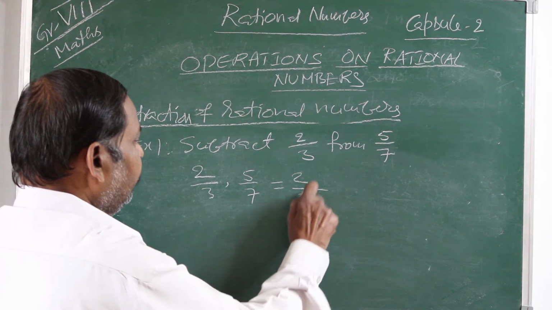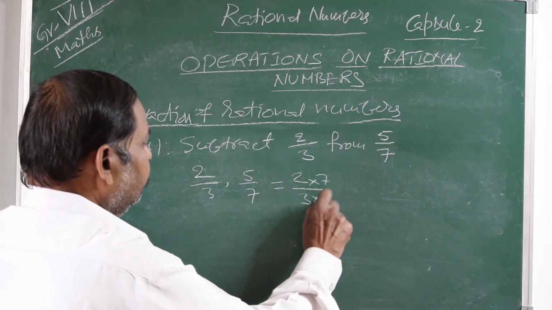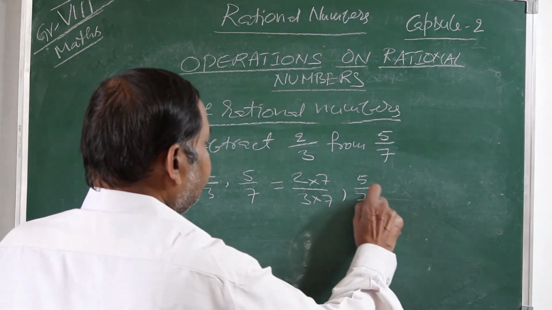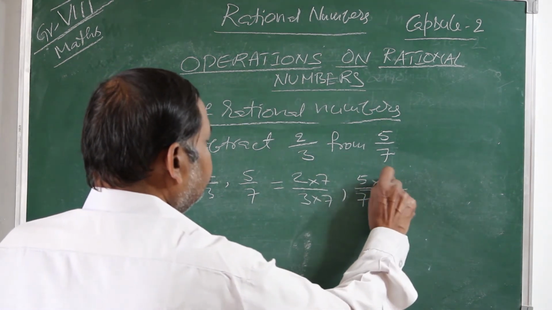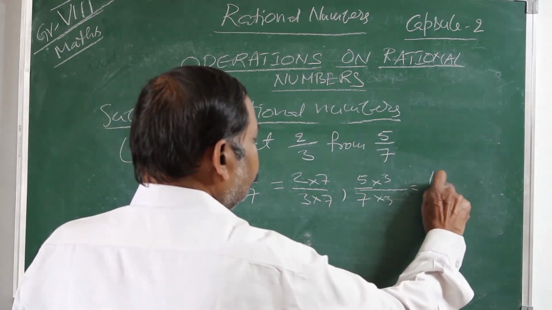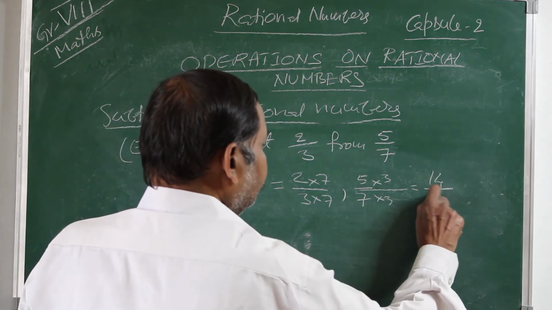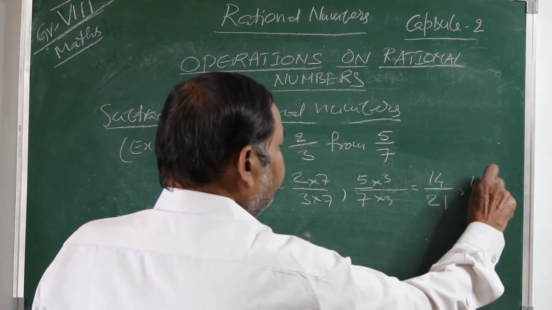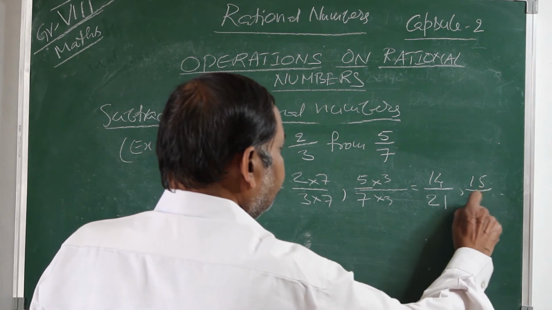2 by 3 into 7 into 7, and 5 by 7 into 3 into 3. This is 2 sevens are 14 by 21, and 15 by 21.